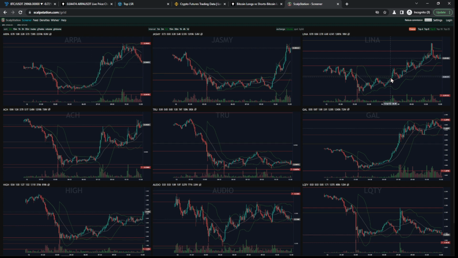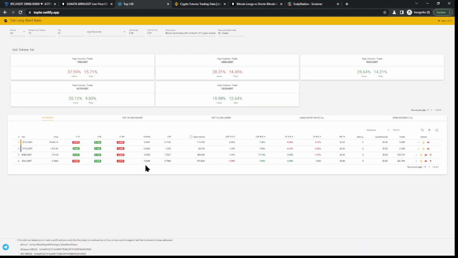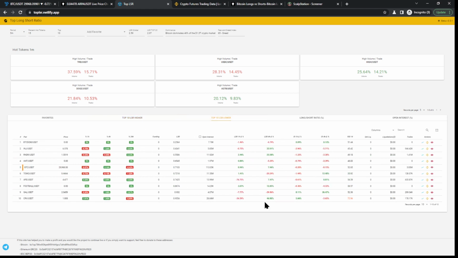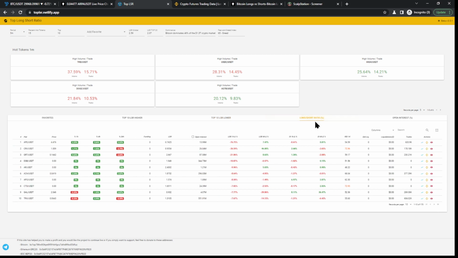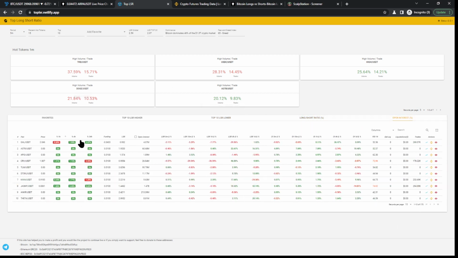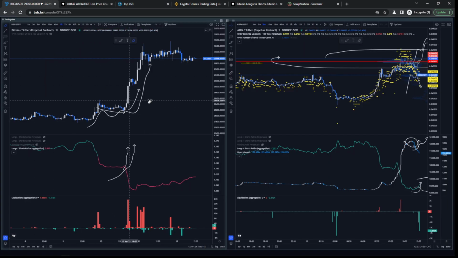But if we have a way to filter, like here, we have top higher long short ratio, top lower long short ratio, long short ratio percentage, and open interest percentage. So what we do from here, because this tool, TRDR, doesn't have all the coins.